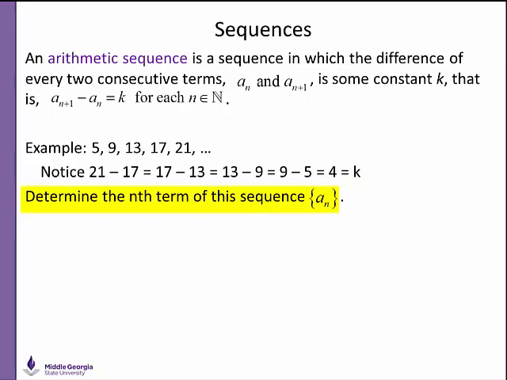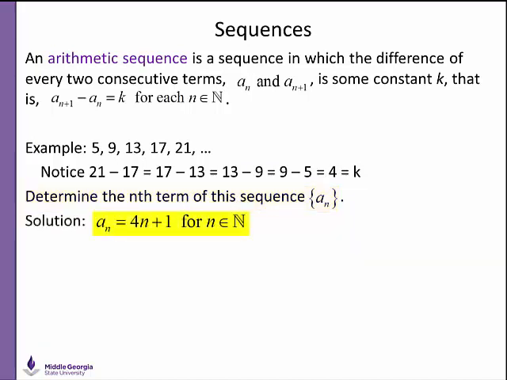Determine the nth term of this sequence a sub n. Well, the solution is a sub n equals 4n plus 1. And you might have to think about that for a little bit.